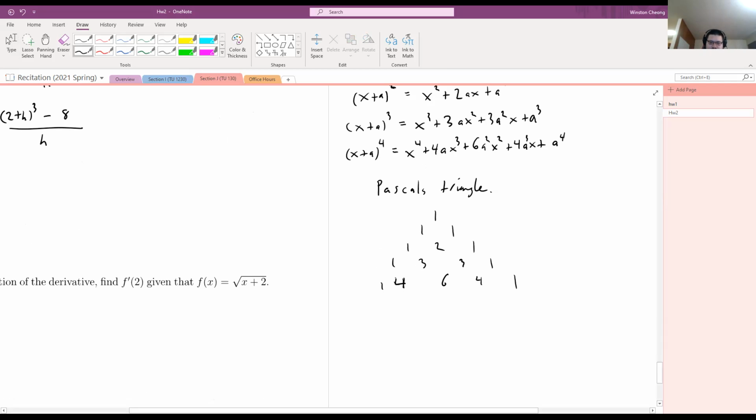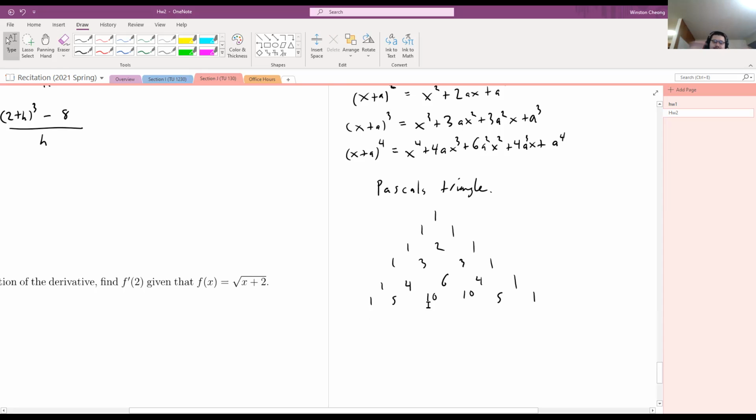So for example, this 4, I calculate by adding the numbers above it. The 4 is sitting right in between, and we calculate it by taking the 1 plus the 3. This 6 is the 3 plus the 3. 4 is 3 plus 1. And so you can imagine what the next row is: 1, 5, 10, 10, 5, 1. All I'm doing is addition.